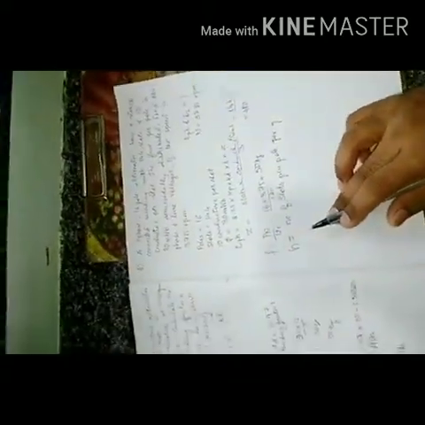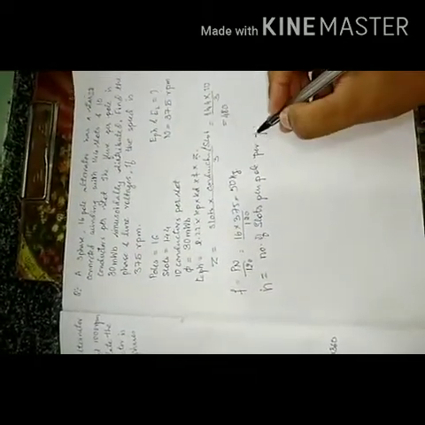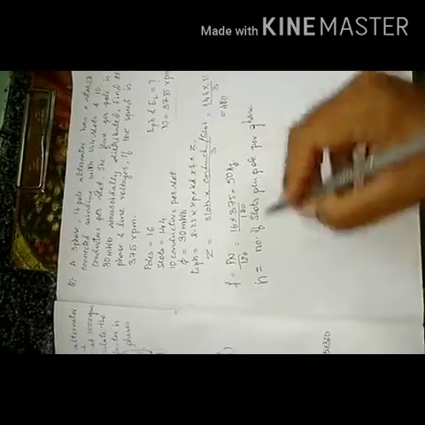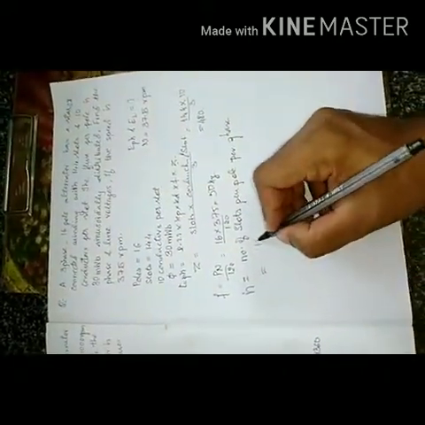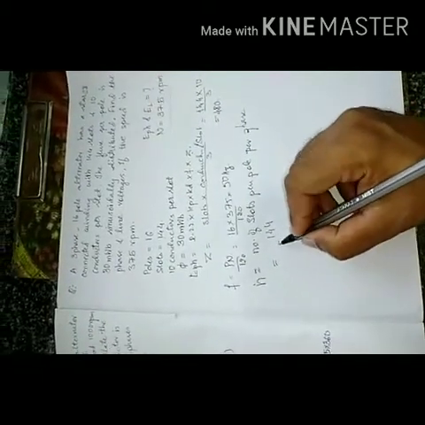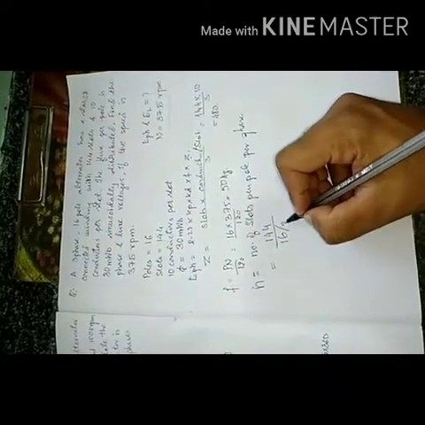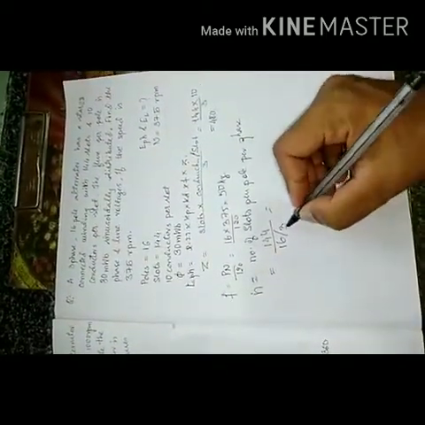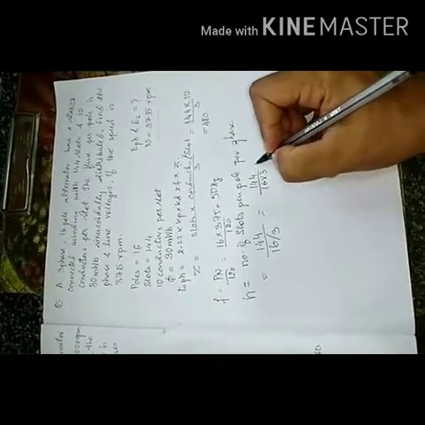Before that, we need to know what is n. n represents the number of slots per pole per phase. So what is the number of slots per pole per phase? Number of slots are 144, poles are 16, and this is again divided per phase. So it will be 144 divided by 16 into 3.